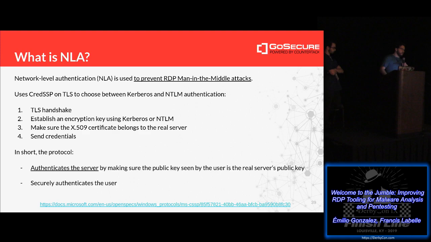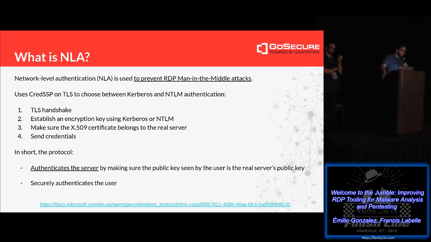Now, like I said, it's used to prevent man-in-the-middle attacks. It uses CredSSP over TLS to choose between either Kerberos or NTLM. First you do a TLS handshake, then you establish an encryption key depending on what kind of authentication you're using. And then this encryption key is used to encrypt the rest of the packets that are sent.